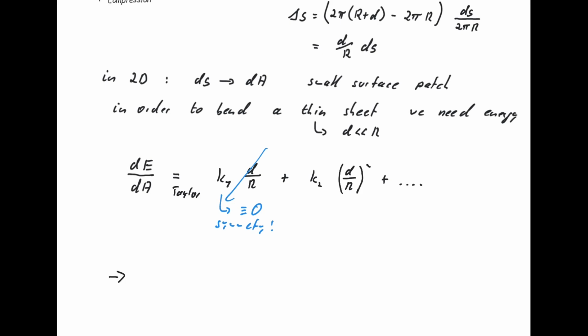Hence from the Taylor expansion we obtain an expression for the energy to bend a small patch dA, and that is dE is equal to kappa half times 2 divided by r to the power 2, in which kappa is the bending modulus that contains, for example, the thickness of the sheet and also the k2, which is related to the Young's modulus of the system.